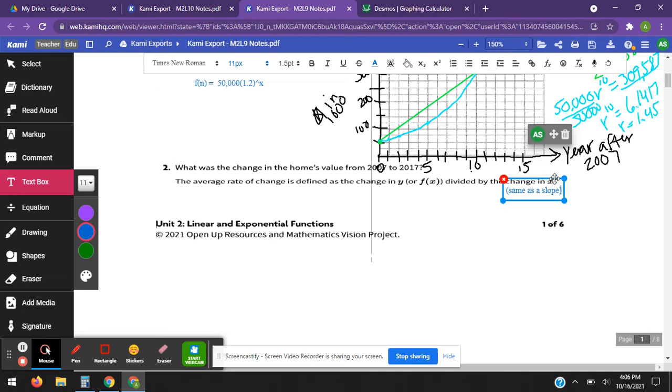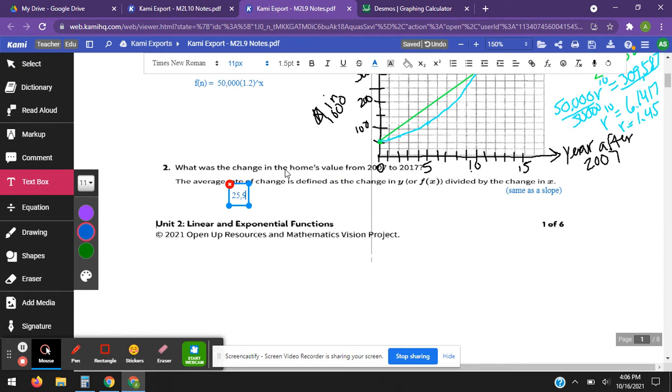If we look at those 2 points, 2007 and 2017, our average rate of change is going to be the same for both, isn't it?